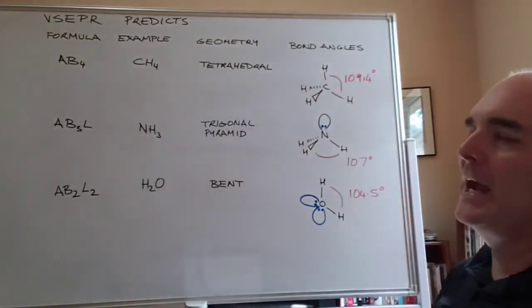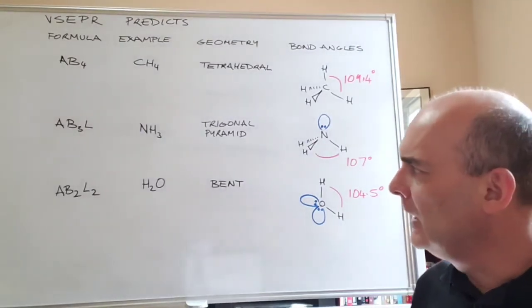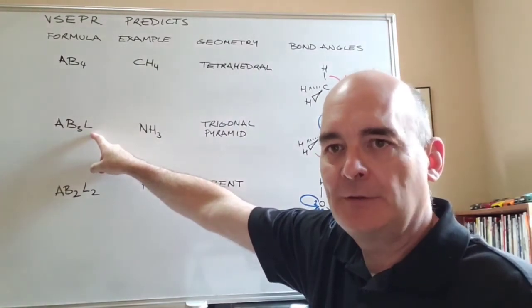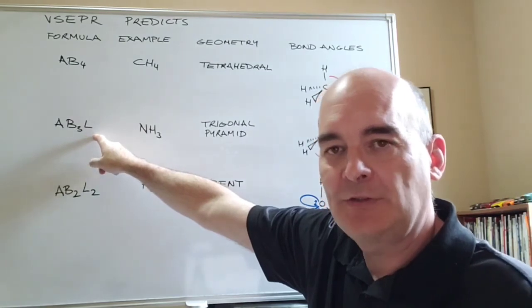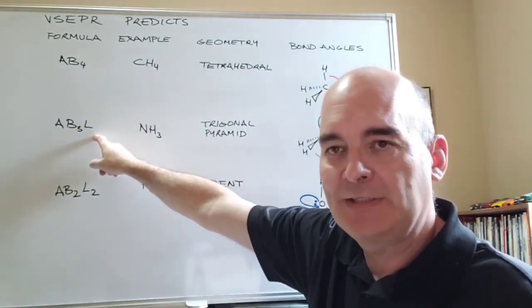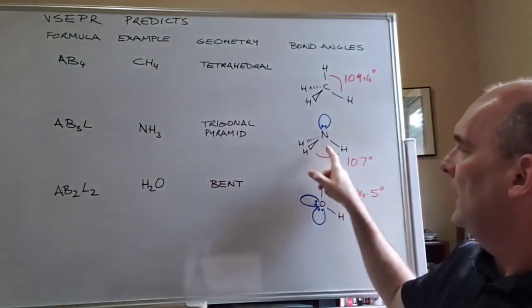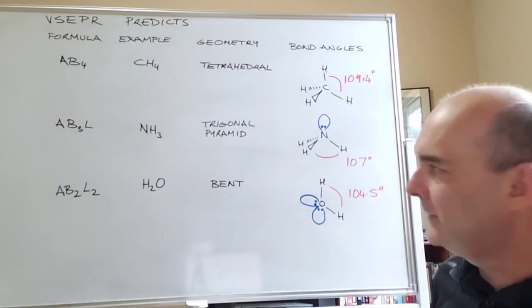Every one of those angles is 109.4 degrees. If I take one of the bonds away and replace it with a lone pair of electrons, which I could do by moving one position to the right on the periodic table, and replace that central carbon with a nitrogen, I make ammonia. And ammonia turns out to be a trigonal pyramid.